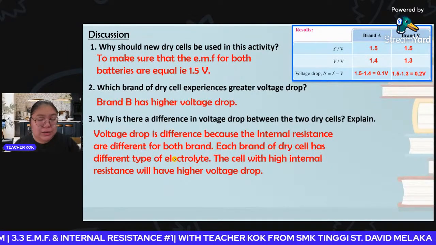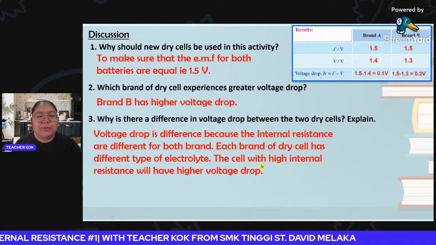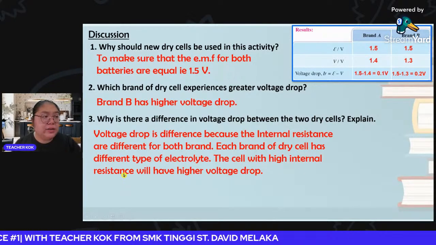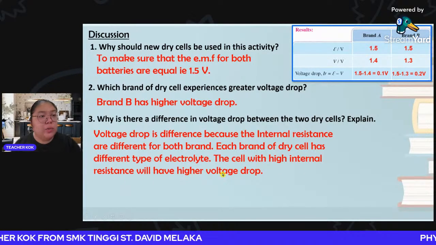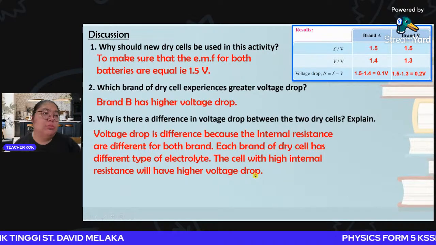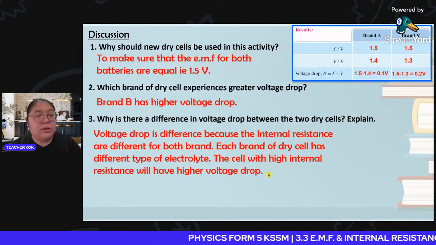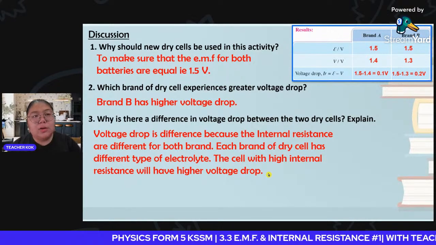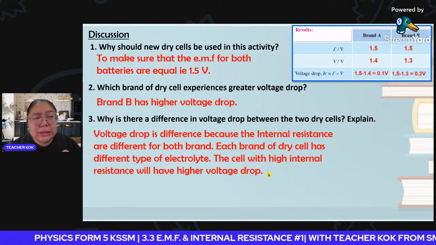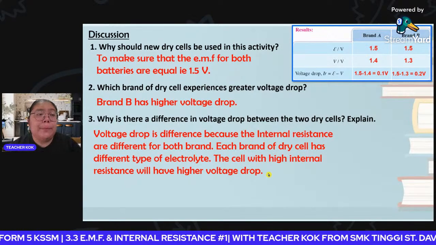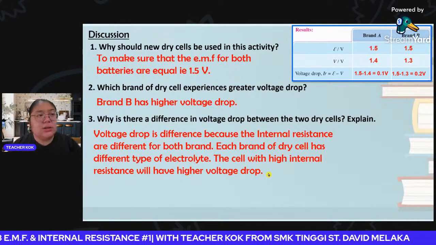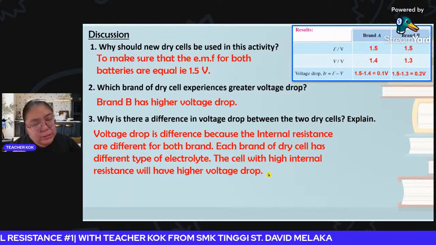Electrolyte relates to the internal resistance. So the cell with high internal resistance will have a higher voltage drop. Okay, so now you understand what internal resistance is. Internal resistance is also like resistance, they also need current to overcome. But between internal and external resistance, internal is very small.